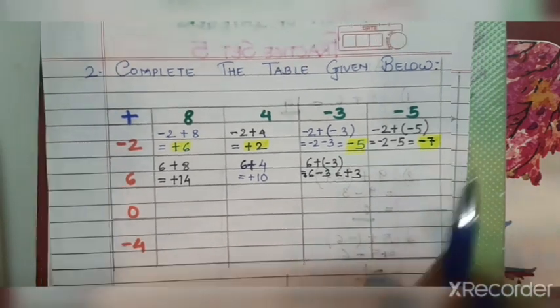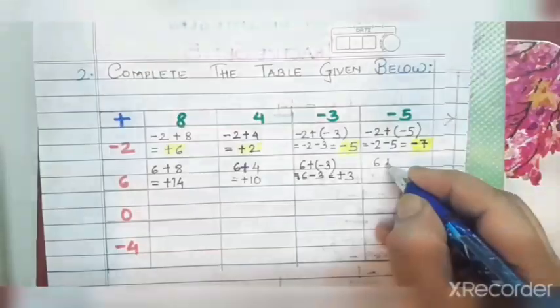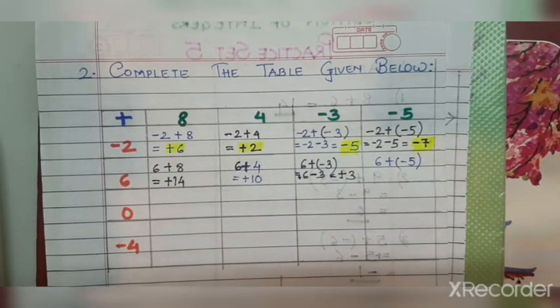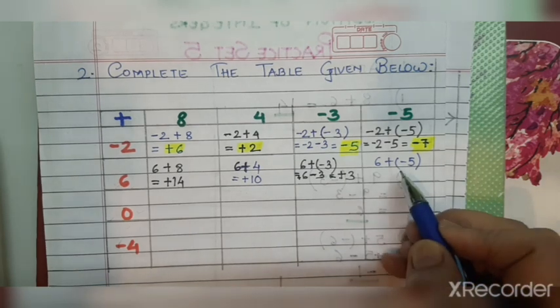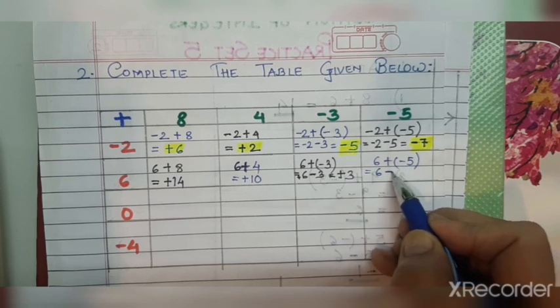And the last one, 6 plus negative 5. So I write 6 plus negative 5. And what do you observe here? Again, there is a bracket, so 6 plus into minus is minus.